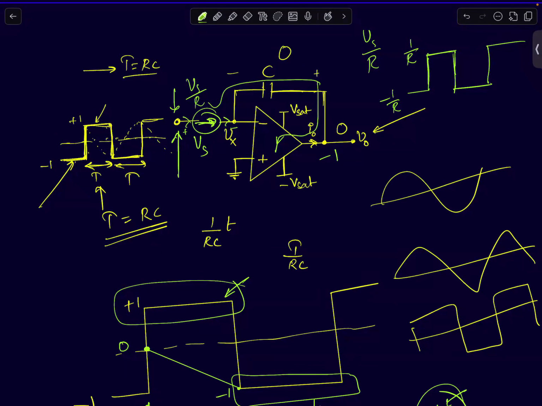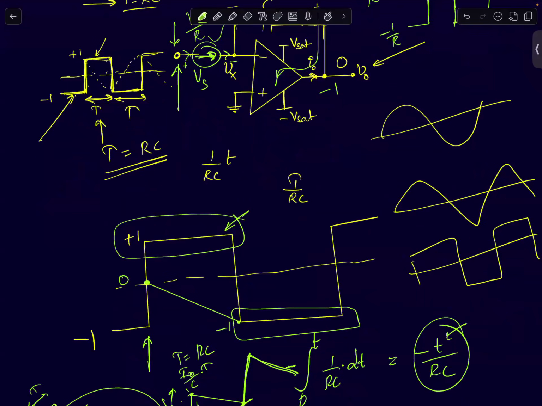So your voltage will also keep going. It will start from 0, initially I'm assuming 0 volts, and it will go to -1. Then in the next cycle, it will come back. Why is this? Because the current that is discharging is also of the same magnitude. So if I let the current be on for t seconds, whatever charge it supplied in the positive half cycle, it is going to remove all of it in the negative half cycle.